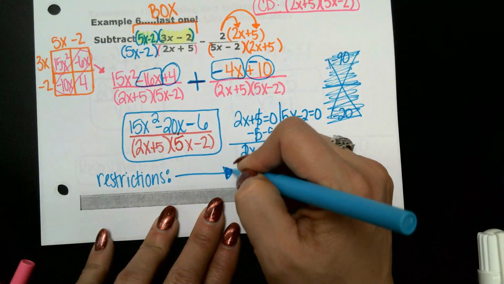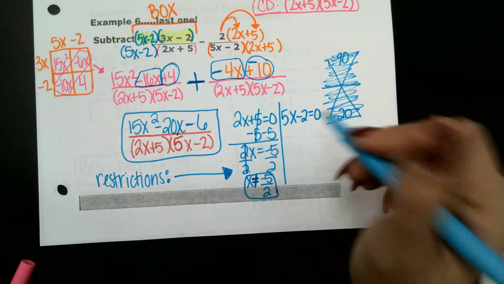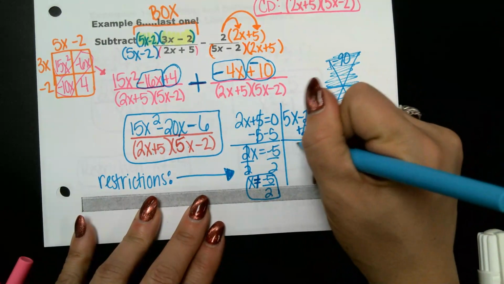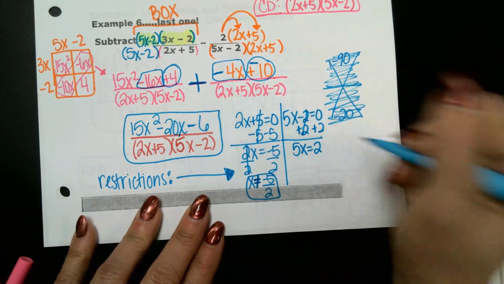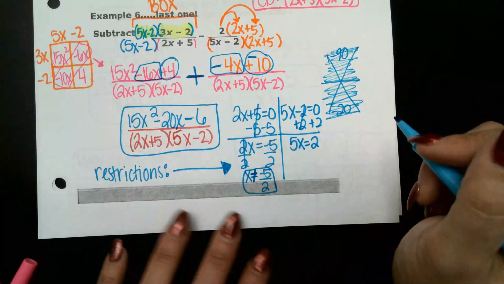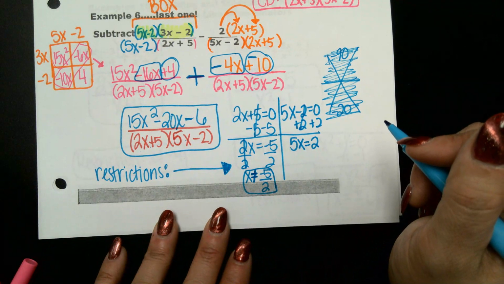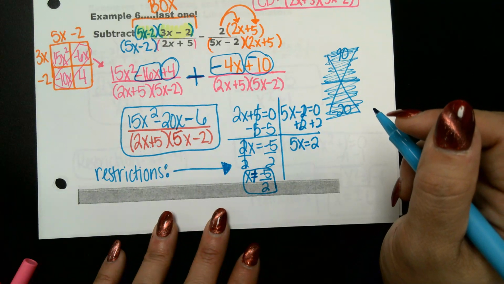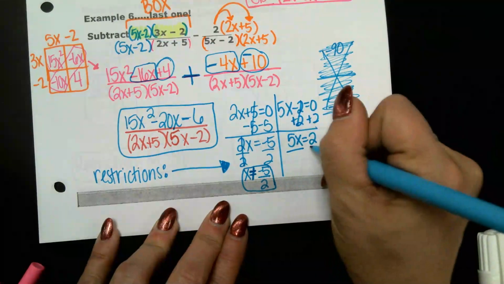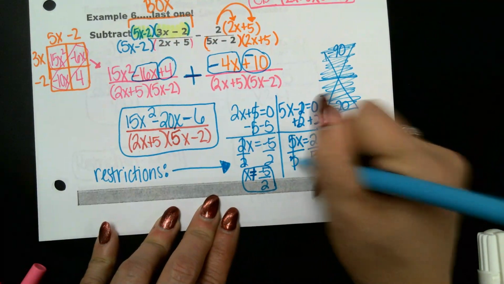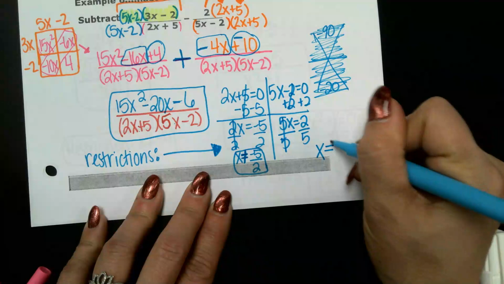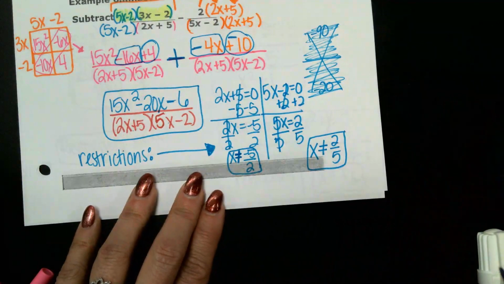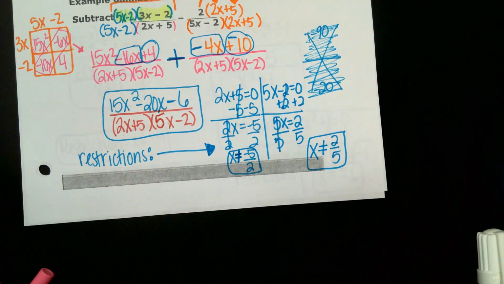That way I don't have to write them again. And then this one over here, I would add 2, giving me 5x equals positive 2. And then we would divide by 5. Yep, so x could not equal 2/5. Yep, those are our 2 restrictions.